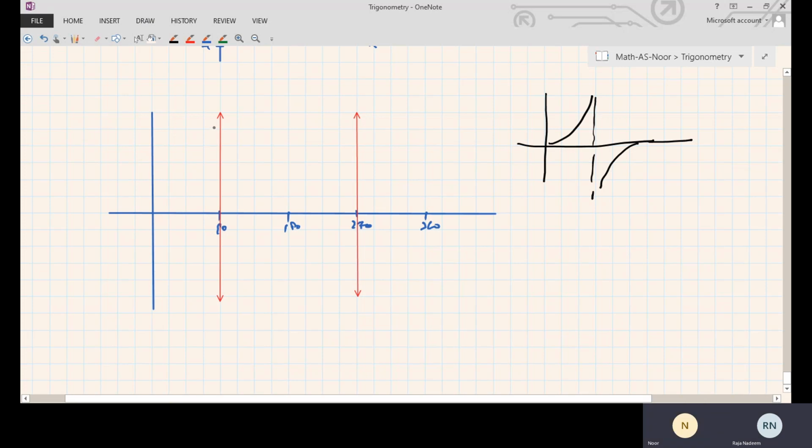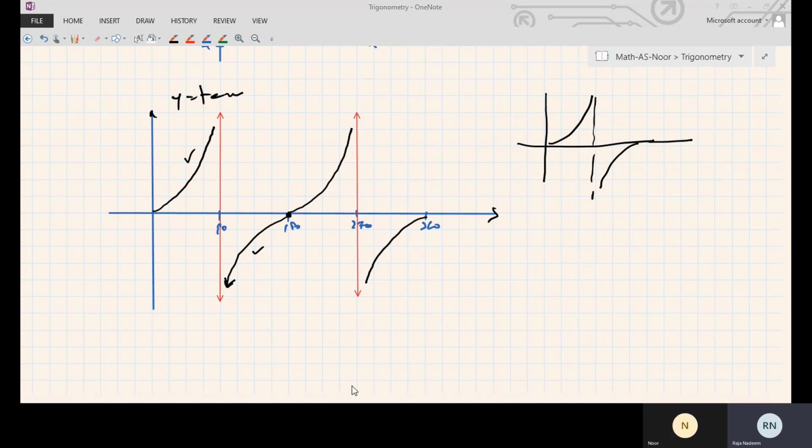So directly you can show the graph like this. From 180 onward it will move down. After 180 the shape of the graph would be just like this one. Try to sketch it the same as this thick one, and 360 would be the same as the lower part of the graph as we drew it from 180. So this kind of graph. So you can see that sketching a graph of tan of x is simple.